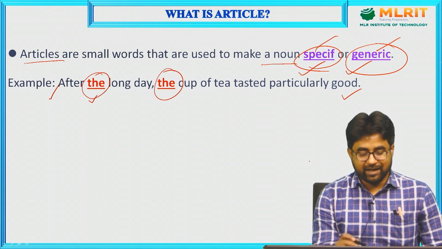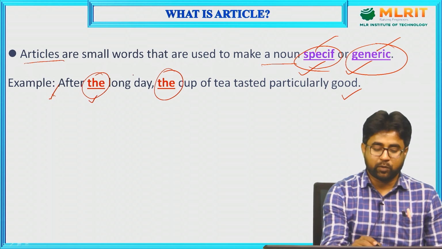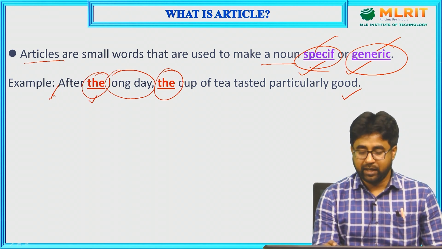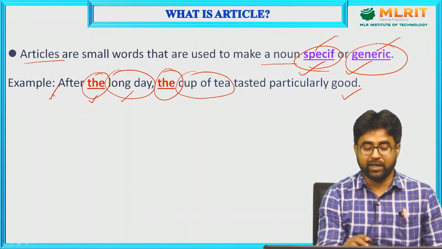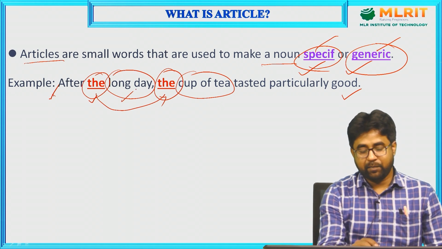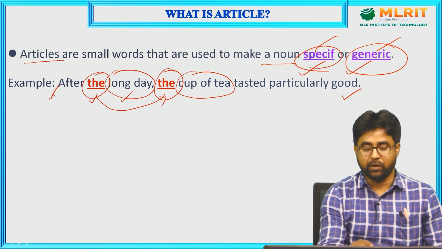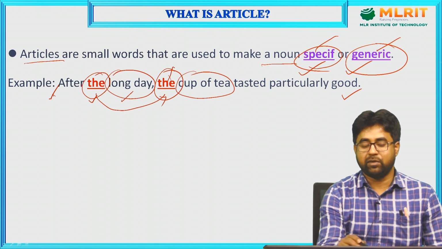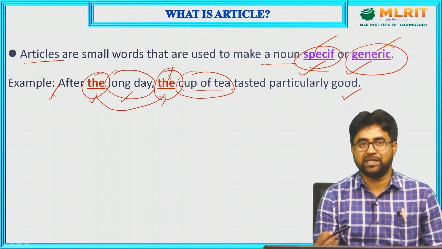When I am reading the sentence, you are clearly getting the idea that I am talking about a particular, specific long day, and also a particular cup of tea that I had on that particular day. So this definite article, the, is making this noun, long day, more specific, a particular day. Similarly, this article also is making this noun more specific or particular.